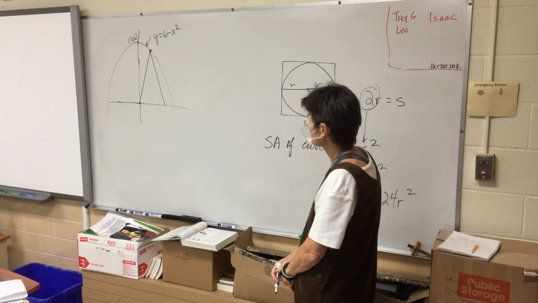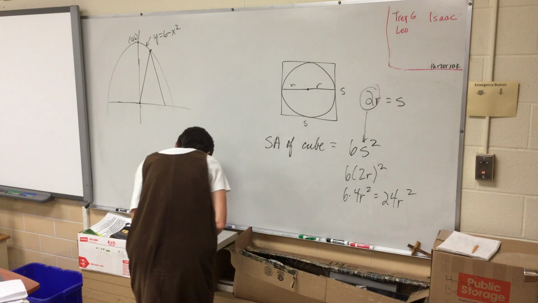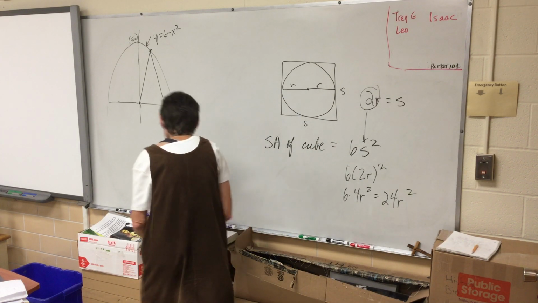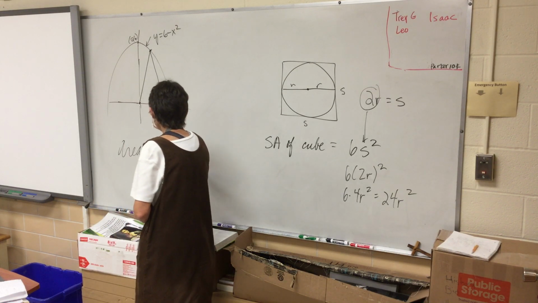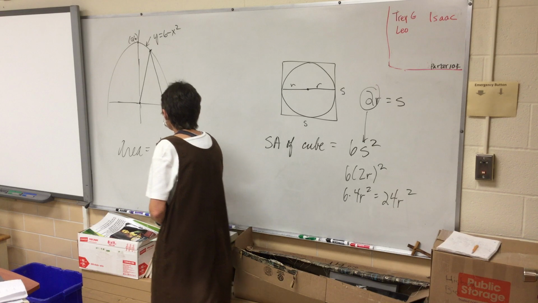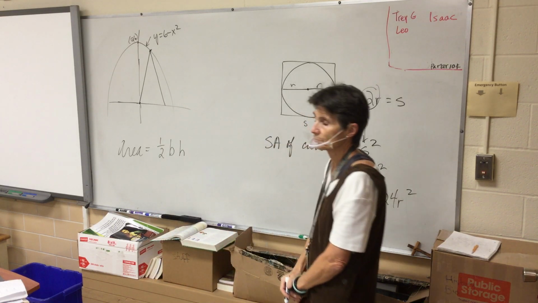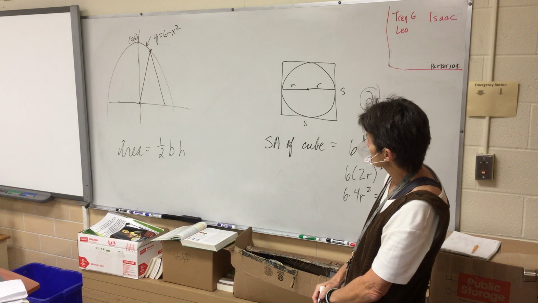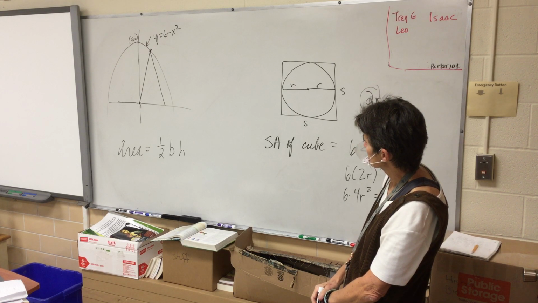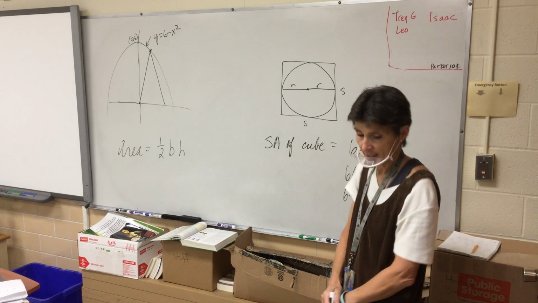Okay. What am I supposed to be finding? The area, which we know is 1/2 base times height. Who's got an idea?